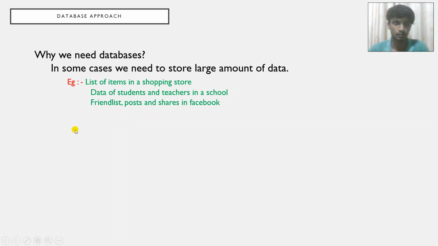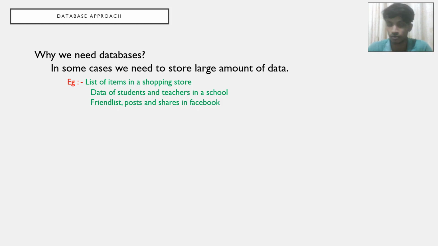Then the database approach. So why do we need a database? A database is necessary to manage data, because in some cases there could be a very large amount of data. Let's take an example like a list of items in a shopping store.